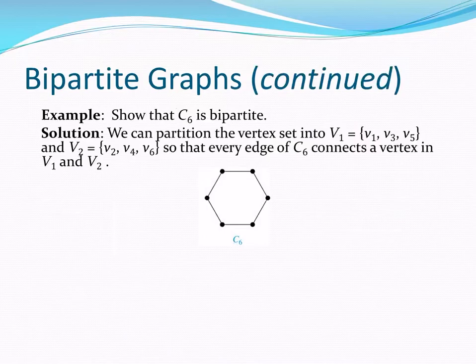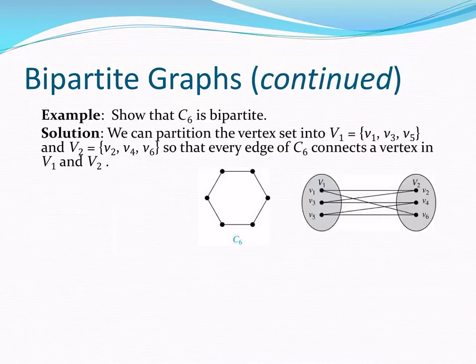So if I label this graph, and I go around the cycle, V1, V2, V3, V4, V5, V6, every other vertex will be in V1, and then every remaining vertex will be in V2. So that if I pull them apart visually into their regions V1 and V2, I can see that they do not have edges between any two vertices in either of the bipartitions, and so it is bipartite.